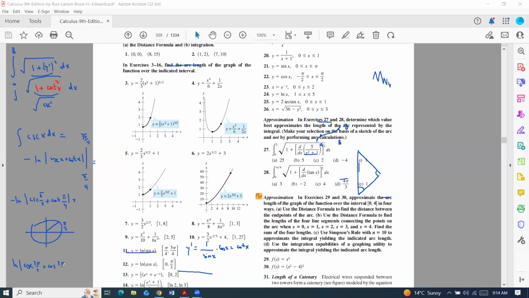Okay. So we'll now need to refresh a little bit of knowledge of trigonometry, right? So let's do that. We're going to see that cosecant is 1 over sine. So sine of pi over 4 is, use red, square root 2 over 2.